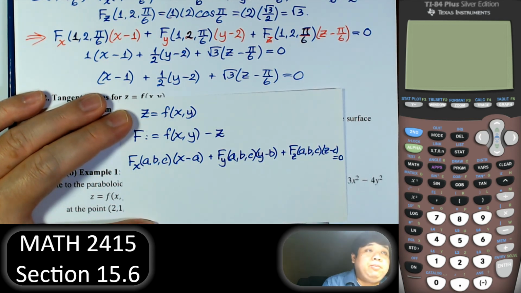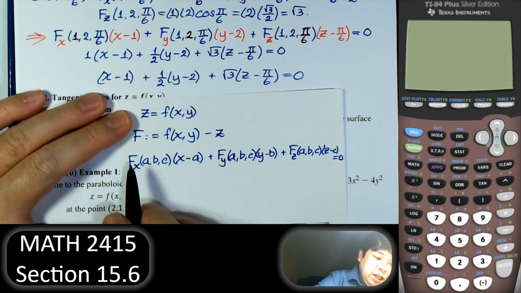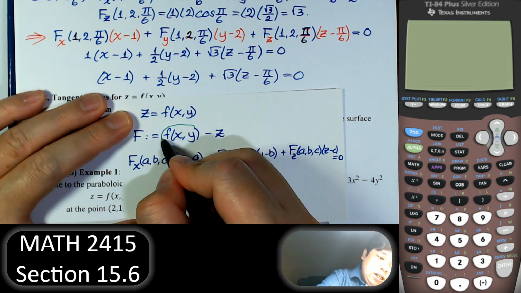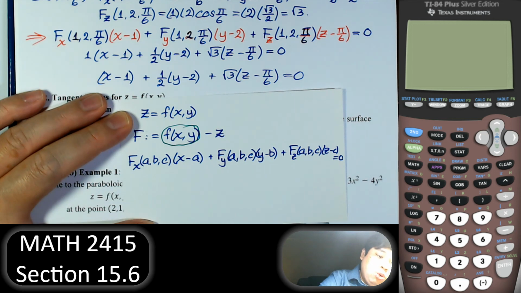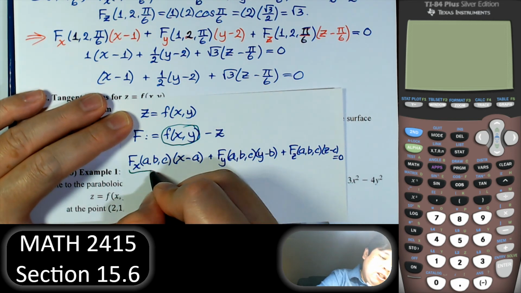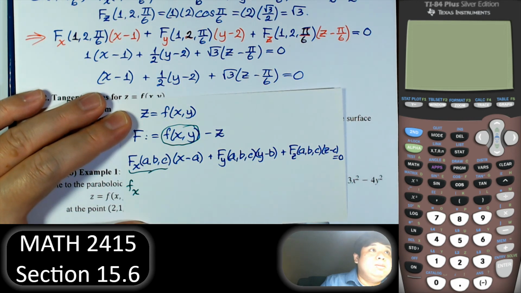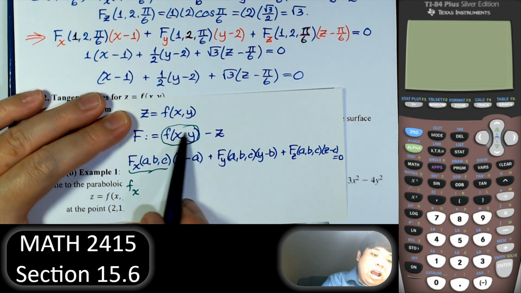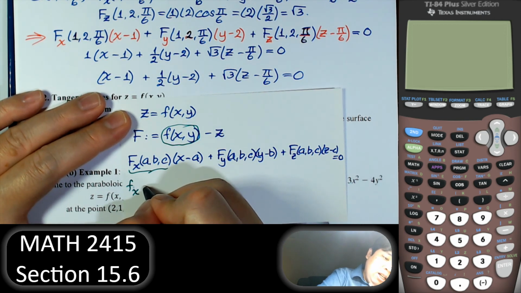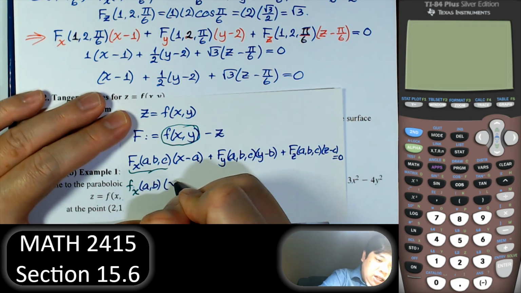So we have that equation. Notice now, if this is the function, this is going to be equal to what? Just f sub x. Right? Because the function only has x, y there. So we just have the partial derivative with respect to x at the point (a, b) times x minus a.